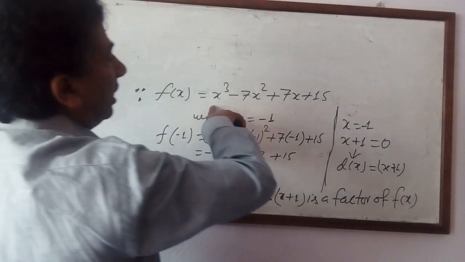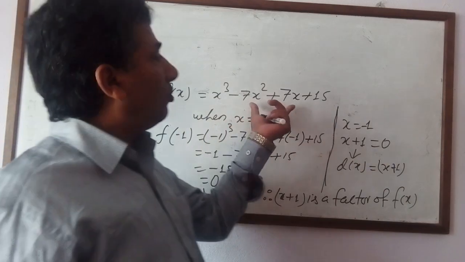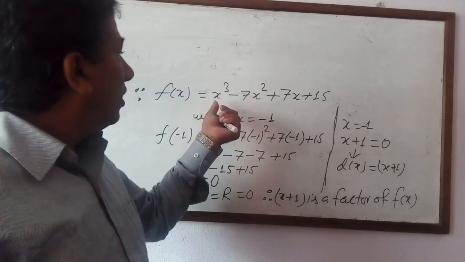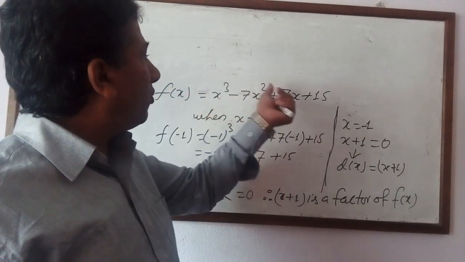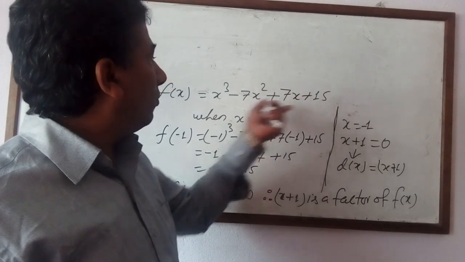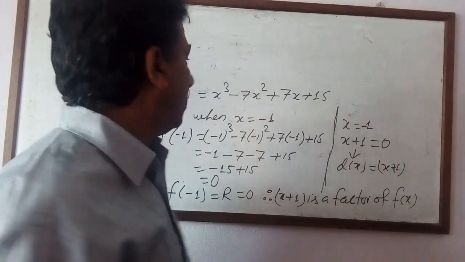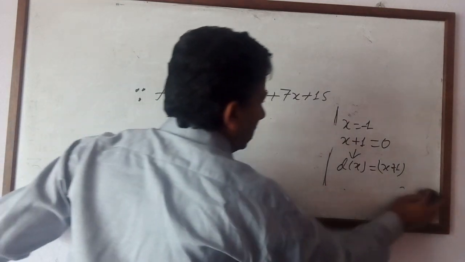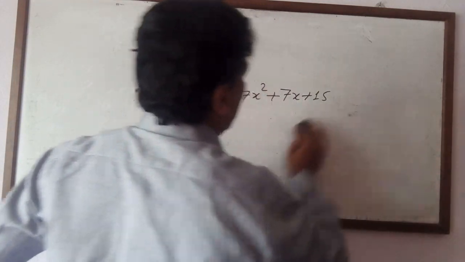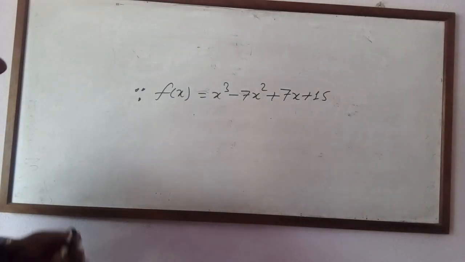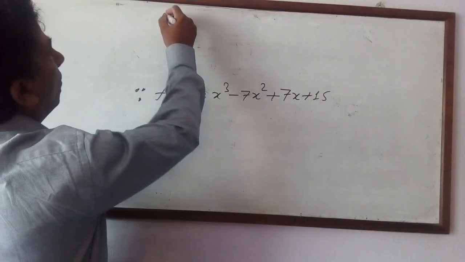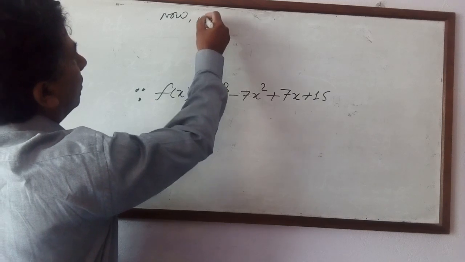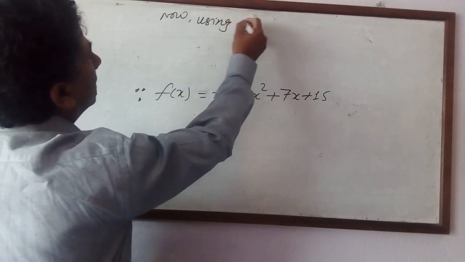For synthetic division, this polynomial is complete. There is x power 3, x power 2, x power 1, x power 0. We have a complete equation. Now, after finding a factor, the next step is using synthetic division.